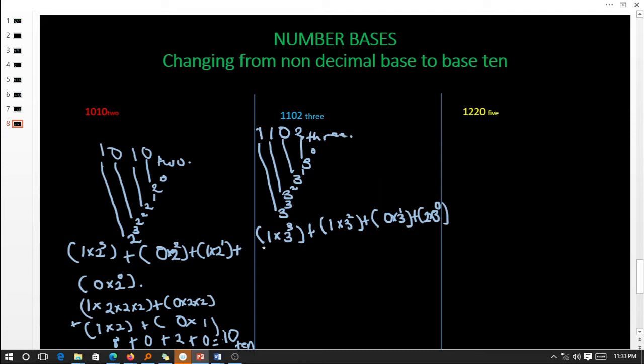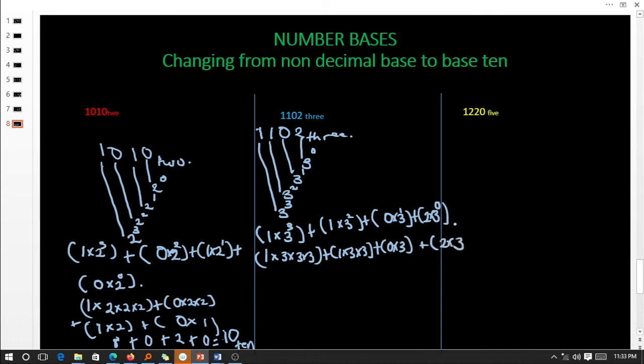Now we are going to open the brackets. So this is 1 times 3, how many times? 3 times. Then plus 1 times 3, how many times? 2. Then 0 times 3, how many times? 1. Then here plus 2 times 3.